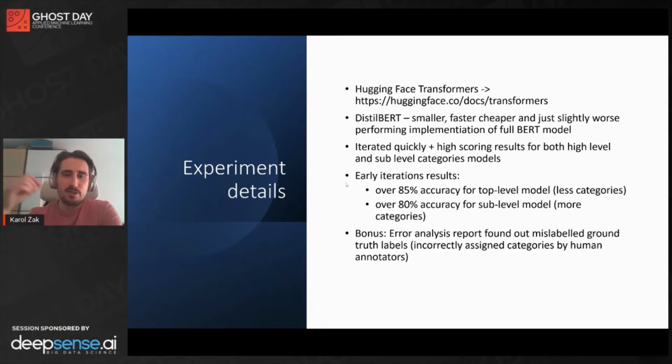And when we manually investigated it, we found out that some of these ground truth labels were in fact mislabeled. The human annotators, who originally assigned these categories, added them incorrectly. We found these mistakes and passed them to the customer so he could improve these ground truths for further experiments.